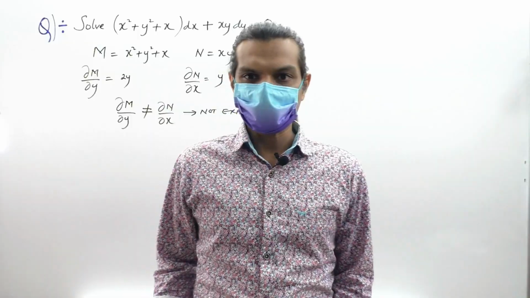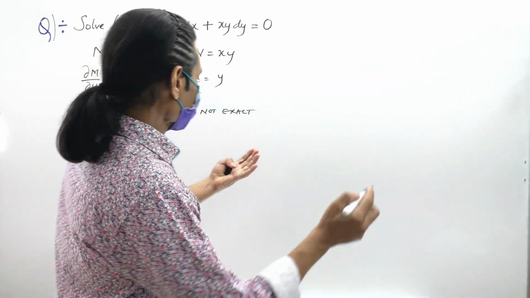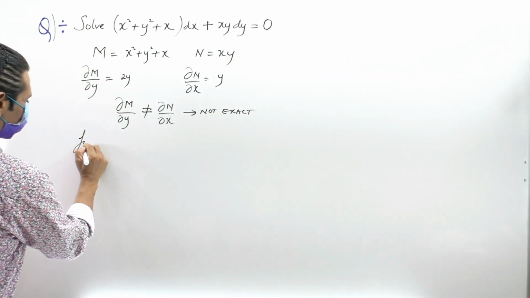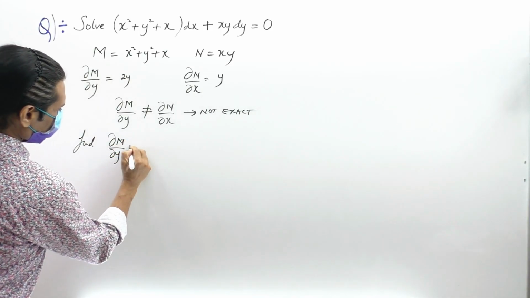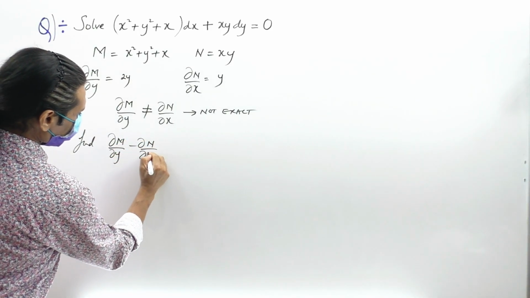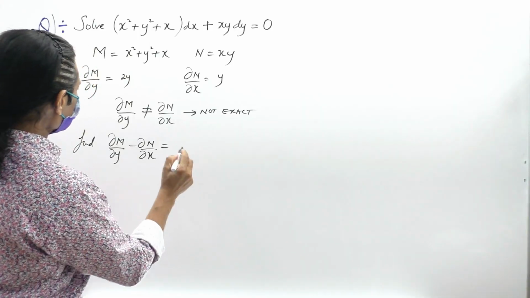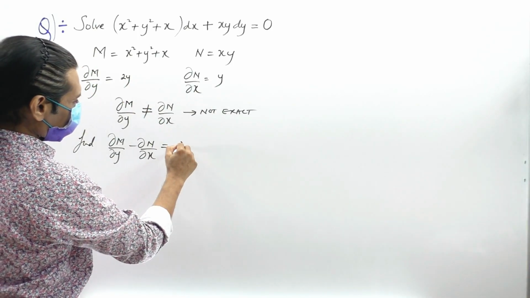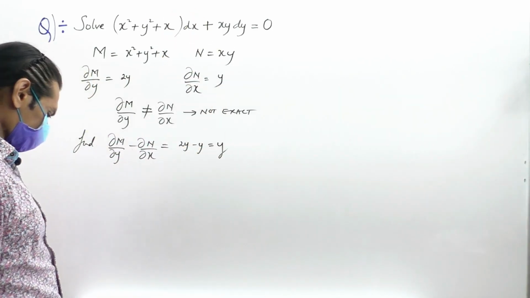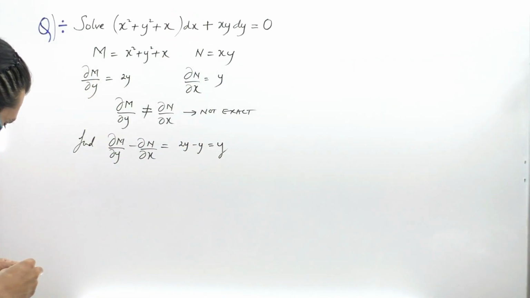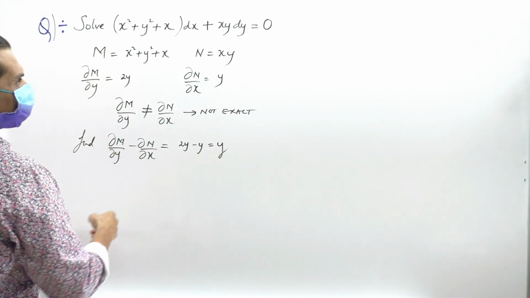The same type which we followed in the previous question, we find a difference. So, find dou m by dou y minus dou n by dou x, and that will be equal to 2y minus y, that is equal to y. Okay. Now, we check this difference, it is near to what?